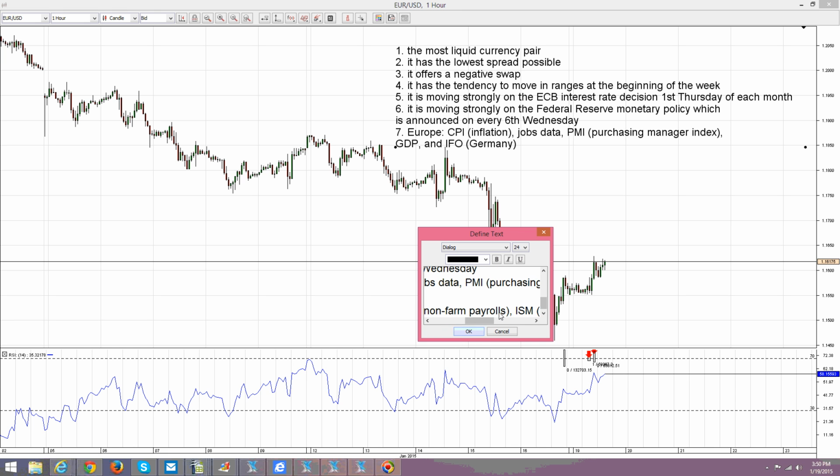ISM comes from Institute for Supply Management, and it is the equivalent of the PMI in Europe, with the explanation that it is being called ISM non-manufacturing and ISM manufacturing, meaning it is referring to the manufacturing sector or to the non-manufacturing sector, non-manufacturing being services.